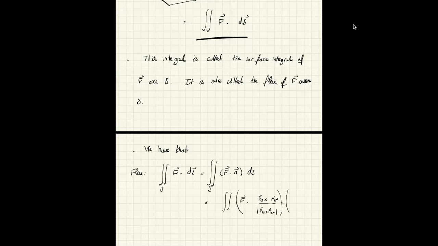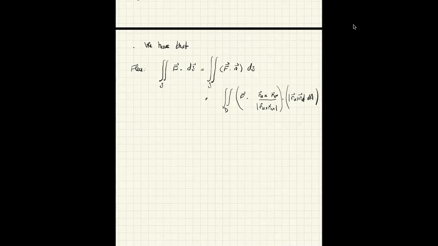This is the norm of r_u × r_v dA, and now we integrate over D, which is the parameterization domain. Now you can cancel out this one with this one. It gives the integral over D of f · (r_u × r_v) dA.